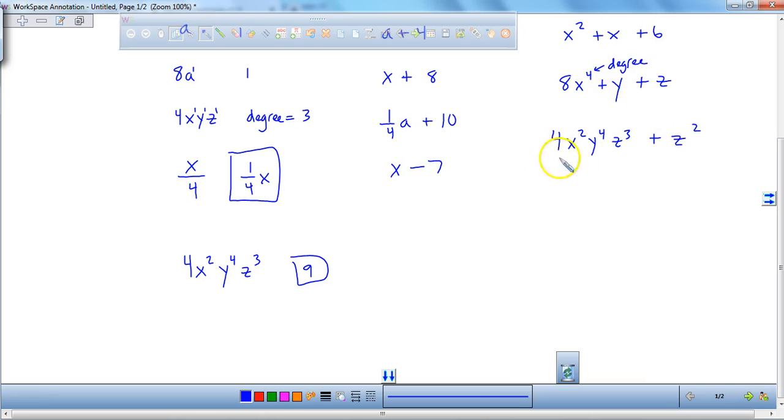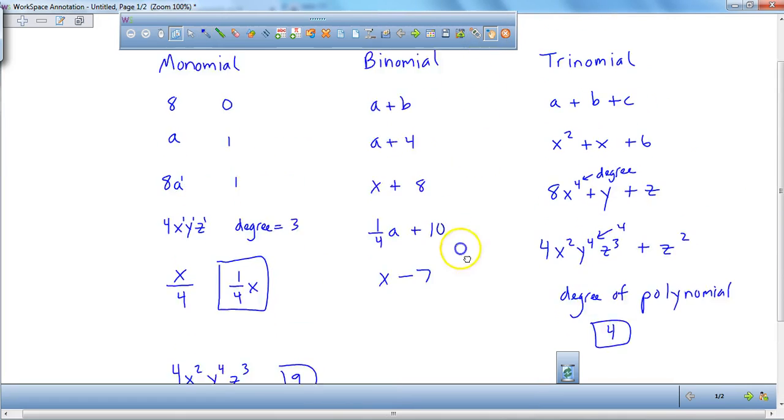You'd look for the highest one. So this degree is 4, so you would say the degree of this polynomial is 4. Alright, so that's basically what you need to understand.